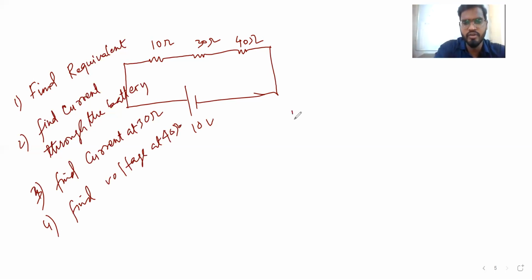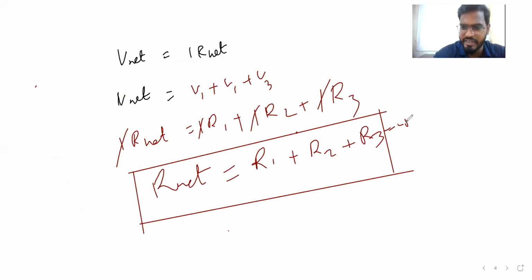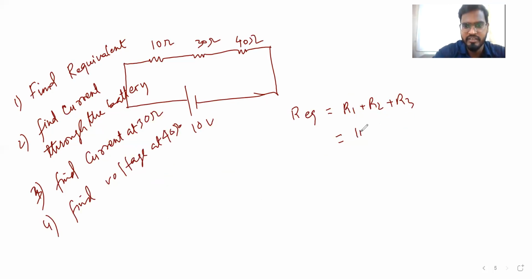Guys, we know that R equivalent is equal to R1 plus R2 plus R3, till Rn, right? So we can say 10, 30 and then 40. So how much is it? 80.